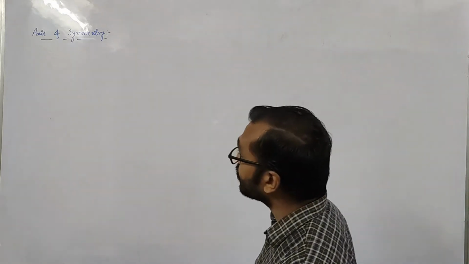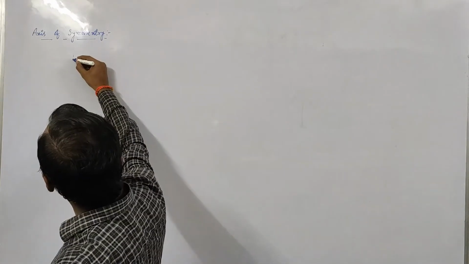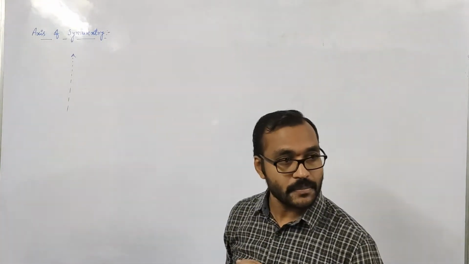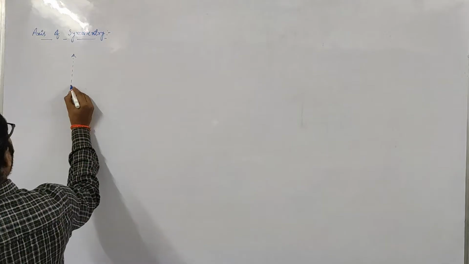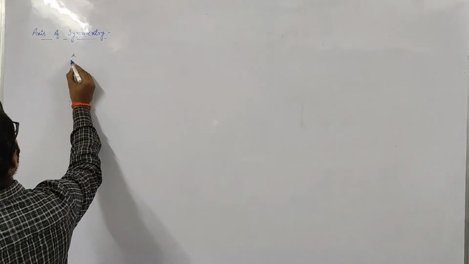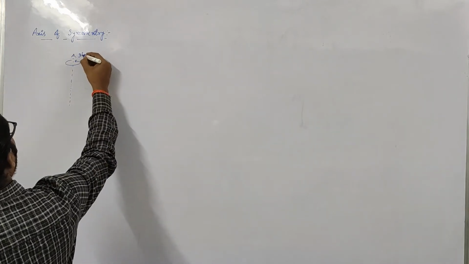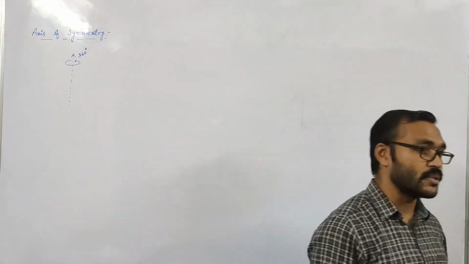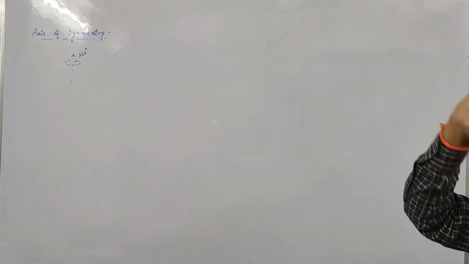Axis of symmetry means when you pass an imaginary line through an object, and rotate this object over this imaginary line for 360 degrees, the number of times you get a similar geometry or structure is that particular axis of symmetry.